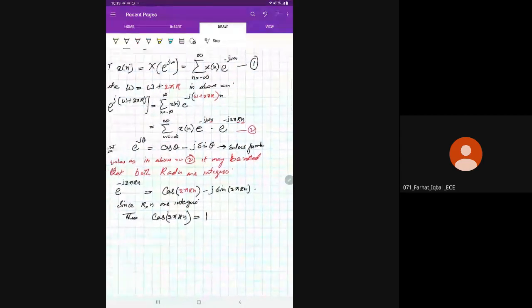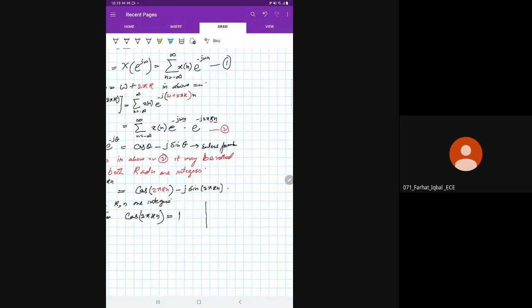Why? Because see, this is cos theta, and this is one period. This is 0, this is pi by 2, this is pi, this is 3 pi by 2, and this is 4 pi by 2, which means 2 pi. So 2 pi is the period for this entire duration.